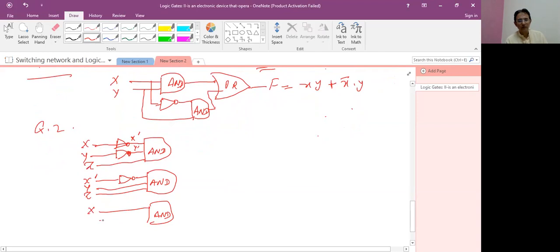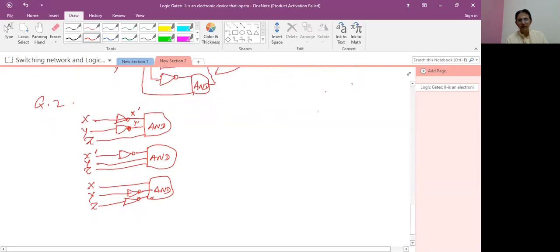A NOT gate for Y and a NOT gate for Z. So it means X into Y complement into Z complement, and the last AND gate has three inputs, X, Y, Z. All are simple, and all are connected with this.